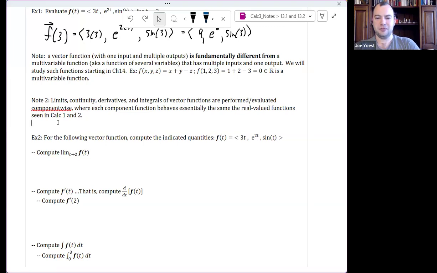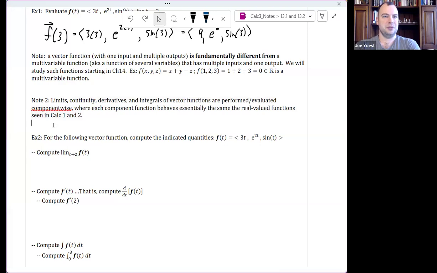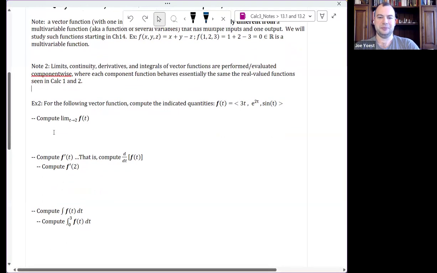Obviously, that's a bit of an oversimplification, but you can think that way a bit in this chapter. So with this second note in mind, that limits, derivatives, and integrals of vector functions get performed component-wise in the same way that they were performed on real-valued functions in Calc 1 and 2, let's take a look at this next example.